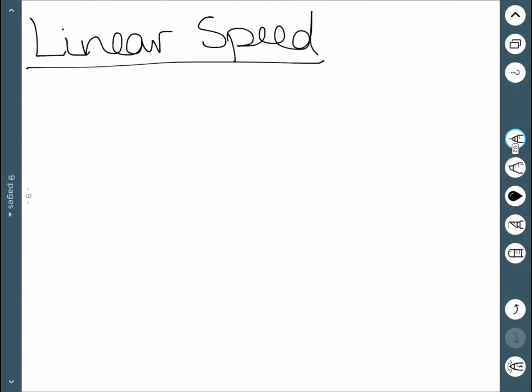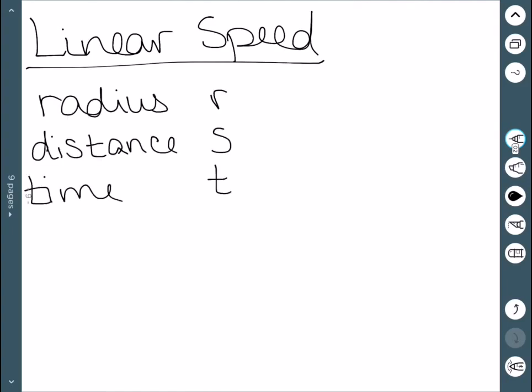We'll now discuss the speed around if you are moving in a circle. And there are two ways to define speed. The first is linear, which essentially means if you stopped going in a circle, how fast would you be going? It's essentially the way we think of speed now. We will have 3 variables. R is the radius of the circle that we're moving in.